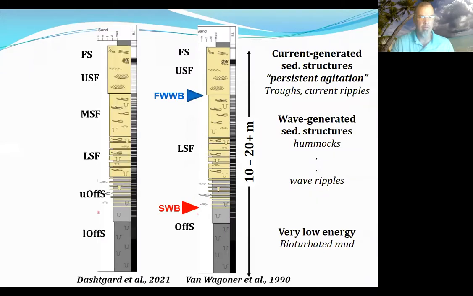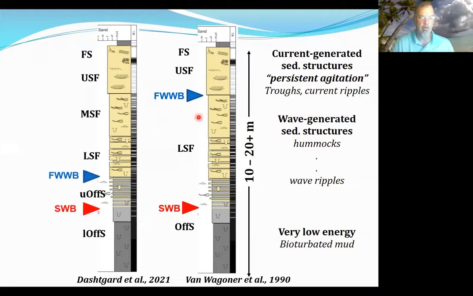Storm wave base is down here, which is basically the deepest or the first occurrence of evidence for wave activity. Fair weather wave base is where you go from hummocks to troughs. But other authors interpret a little bit differently. Here's a lower offshore, upper offshore, lower shoreface is up here, middle shoreface, upper shoreface, and foreshore. And they say, no, actually, storm wave base is down here and fair weather wave base is here.